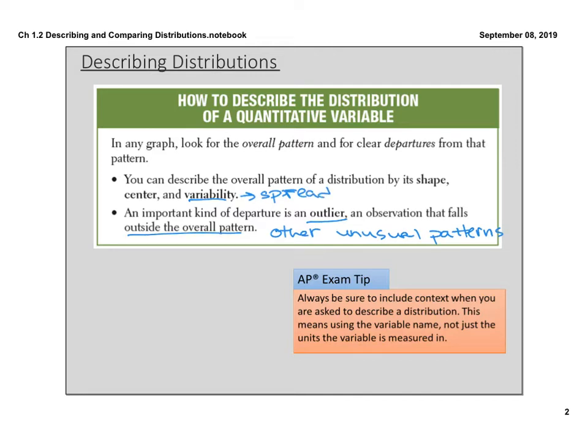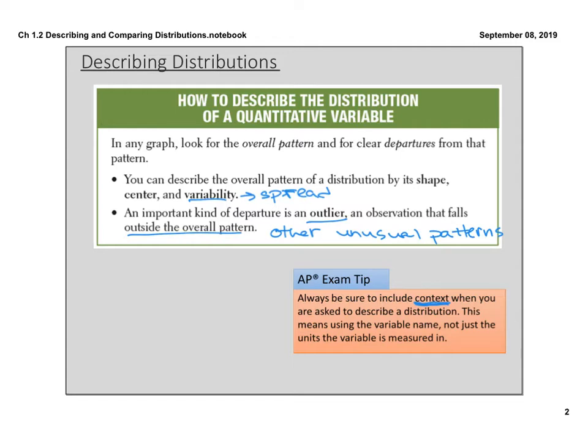Those AP exam tips that we talked about back in chapter 1.1, it says always be sure to include context when you are describing a distribution. You have to be clear what you're talking about. You're talking about a particular set of data that relates to something. I mentioned in one of our previous notes videos that everything in this class is real life. This is all relating to things that actually happened in the world.